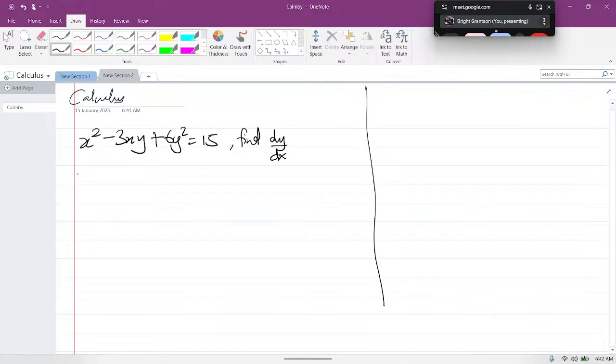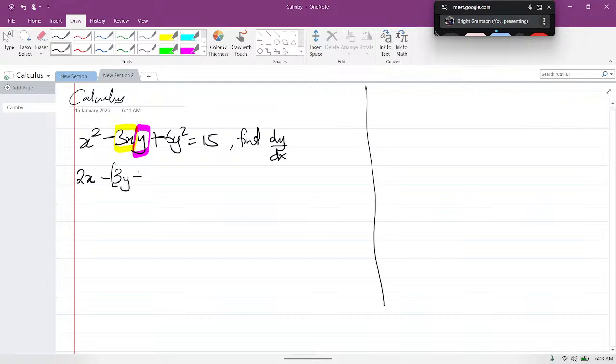So this becomes 2x minus. Now over here is a product function. Because of the product function, it treats them as two different products. Do you remember the product rule? You take one, attach the other one. So let's differentiate the 3x. You get 3, then you attach y.